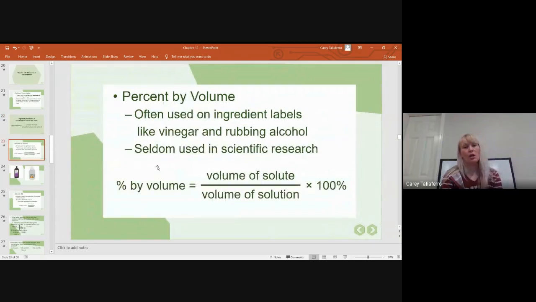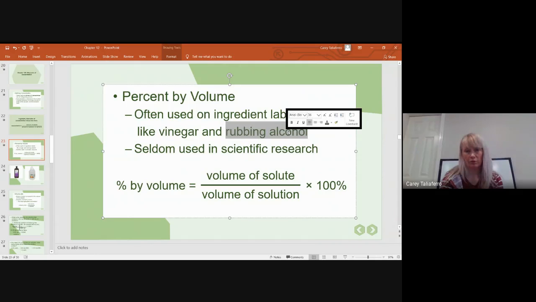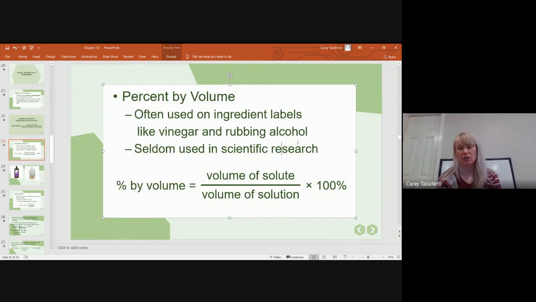Now, in everyday grocery store shopping, you will often find products described by a percent by volume. So if you were to go to the grocery store and purchase vinegar or rubbing alcohol, or I should add in here hydrogen peroxide, because I think that's actually what I have a picture of.